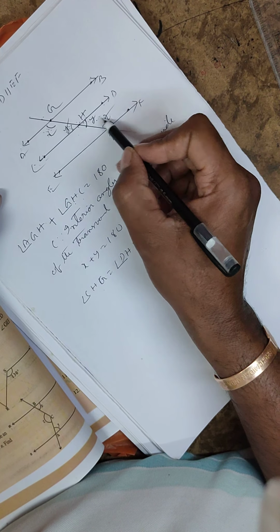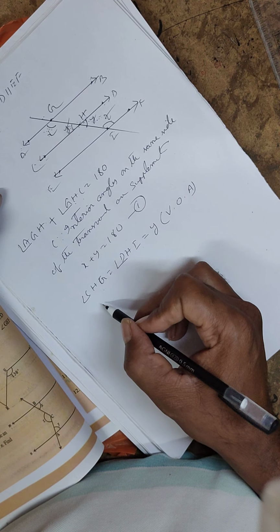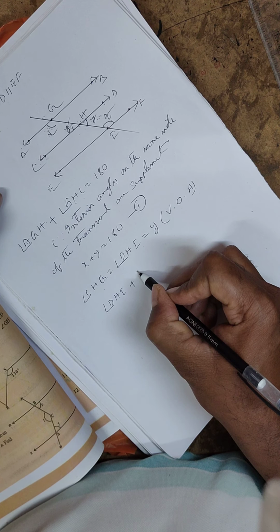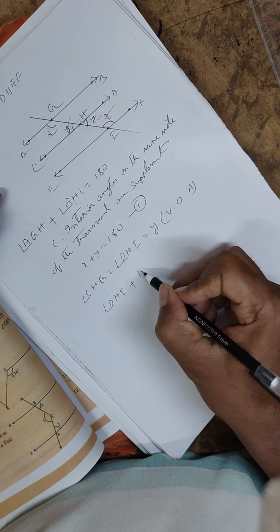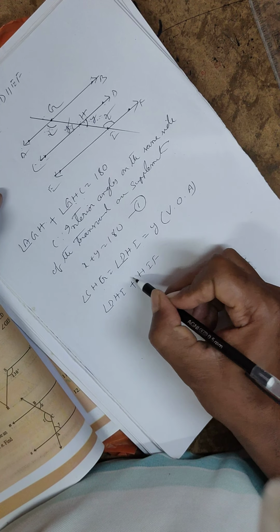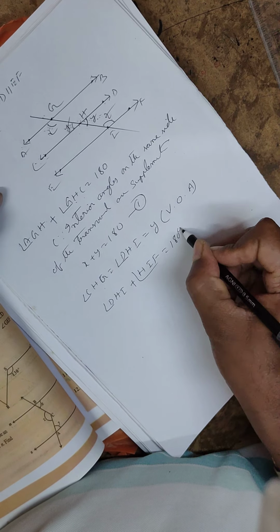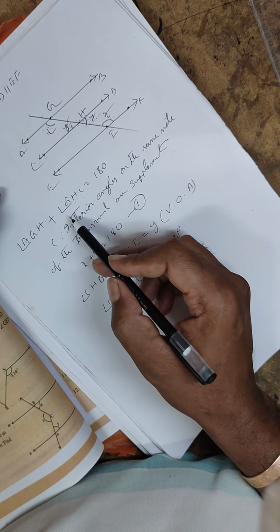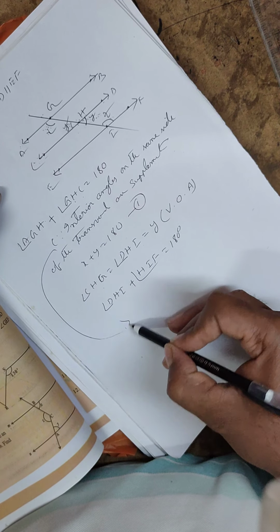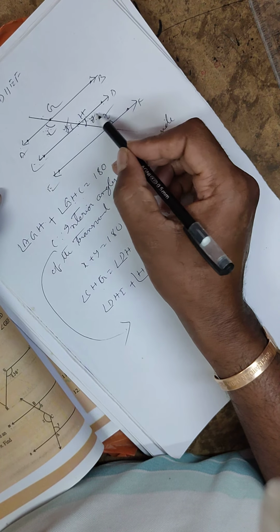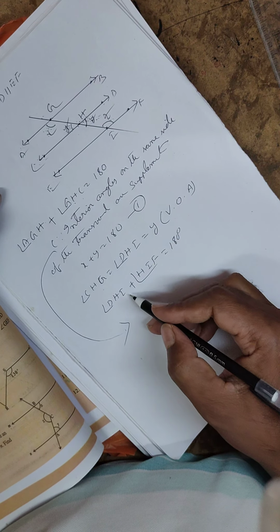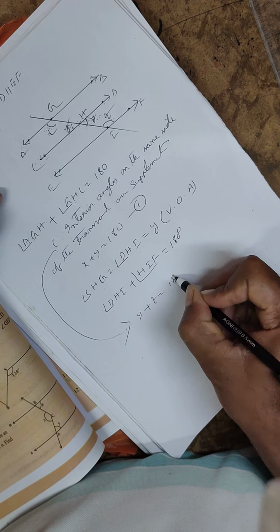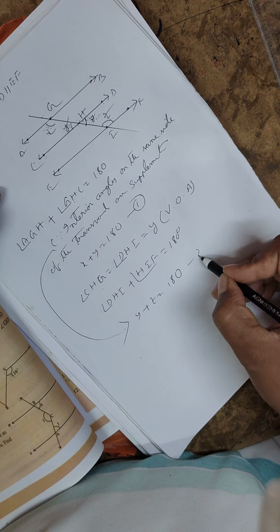Now angle DHI plus angle HIF becomes 180 degrees. Y and z are interior angles on the same side of the transversal. Their sum is supplementary, so y plus z is equal to 180. It is equation number 2.